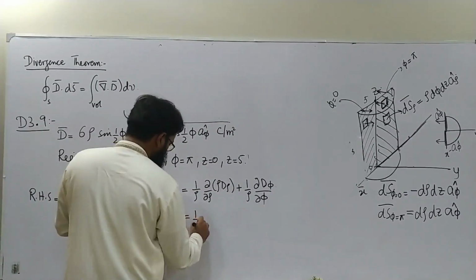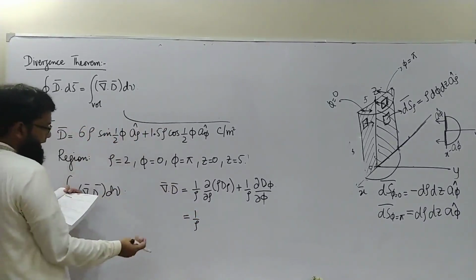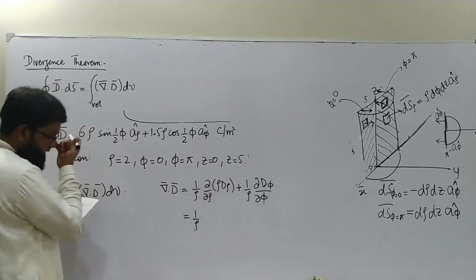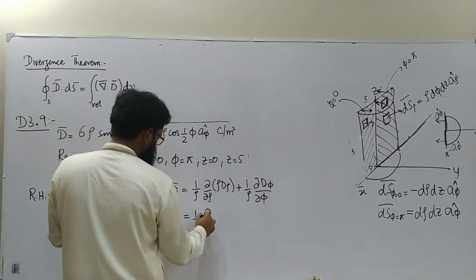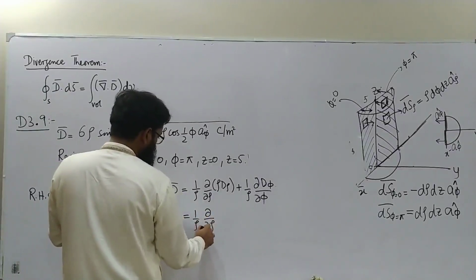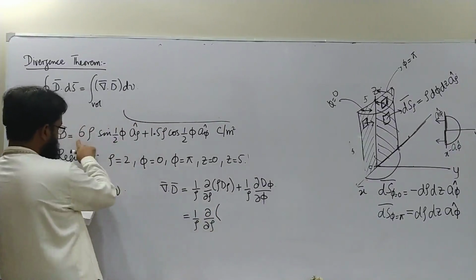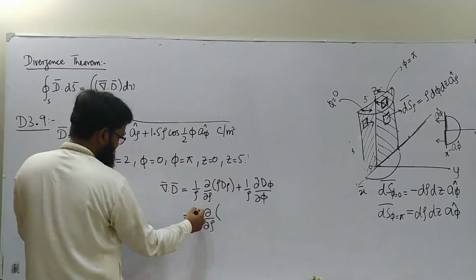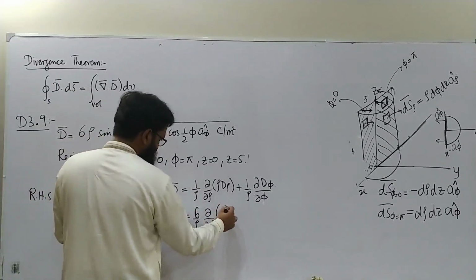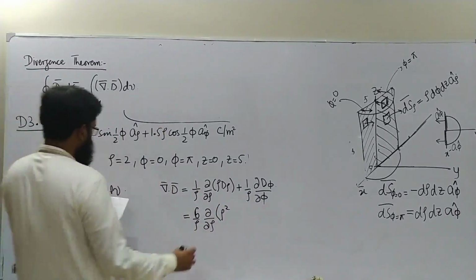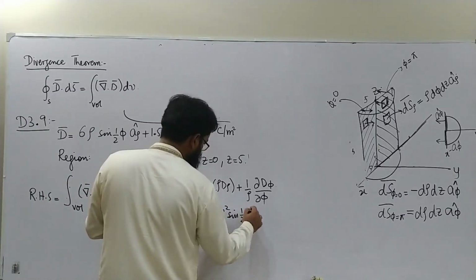So 1 upon rho, take the rho component and multiply it by rho. So partial derivative with respect to rho of 6 rho into rho, meaning 6 rho squared. So take 6 here, rho squared inside, and sine of half phi.